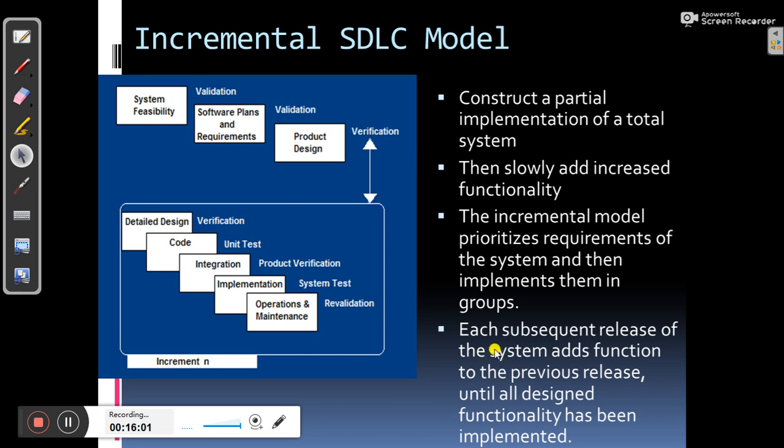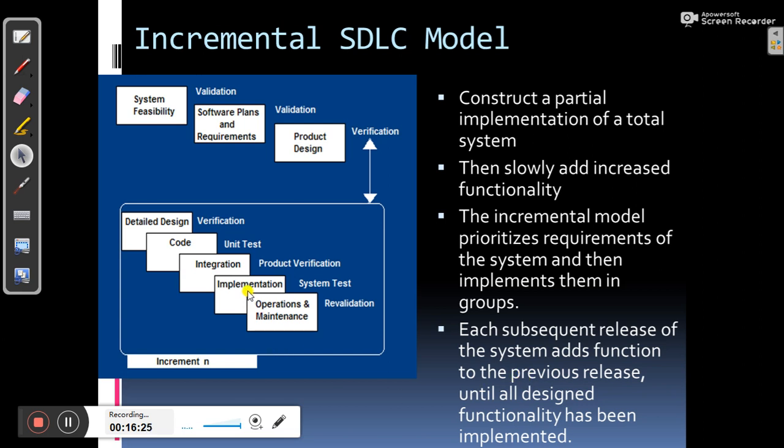So they go in a subsequent manner. In each release they deliver a group of features, and then they add more features in the next phases, and they go on like this until all the functionality has been implemented completely.